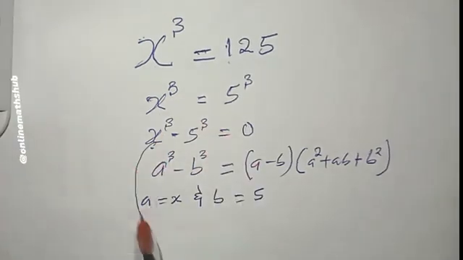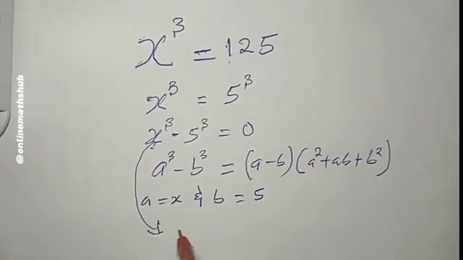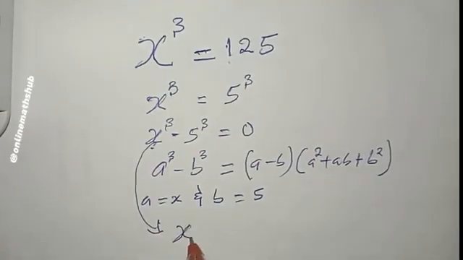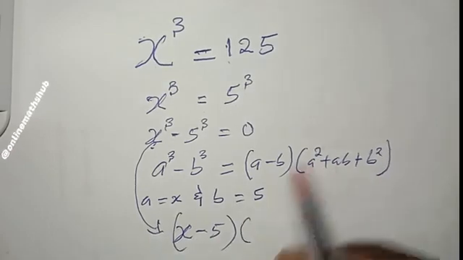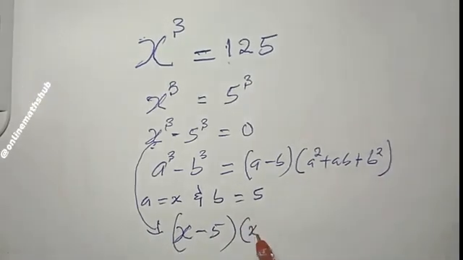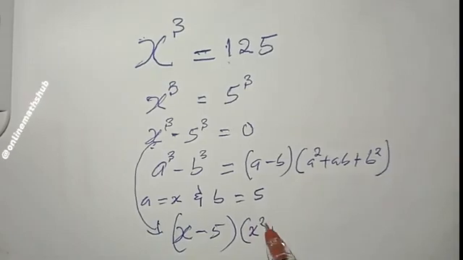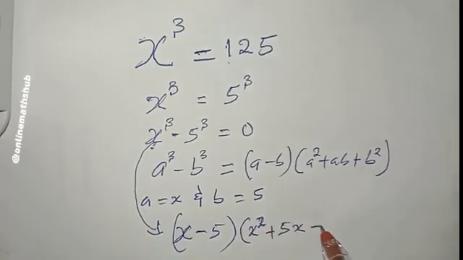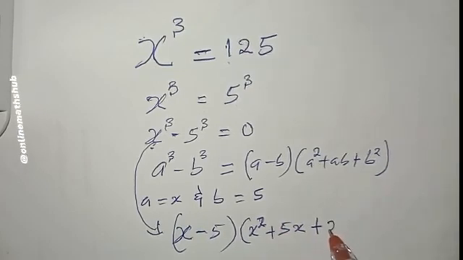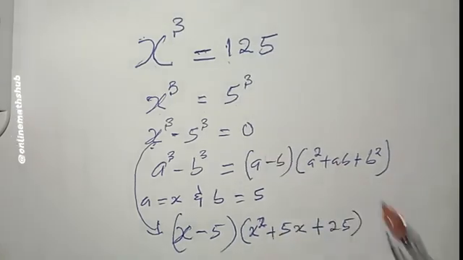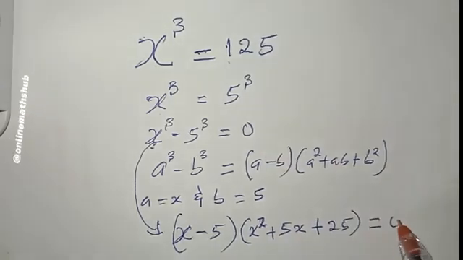If I do that, this is going to change to x minus 5, multiplied by x squared plus x times 5, which is 5x, plus 5 times 5, which is 5 squared, that will be 25. And it's equal to 0.